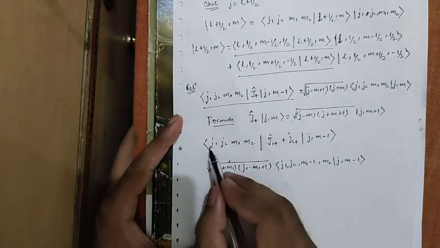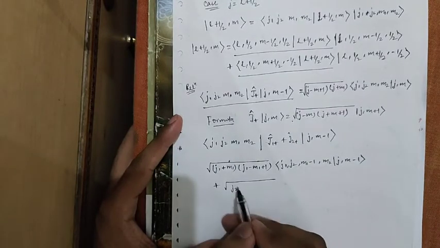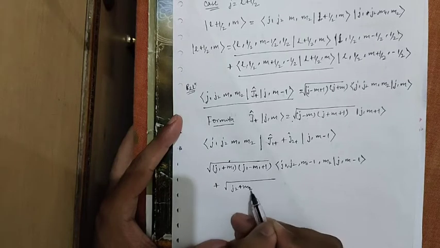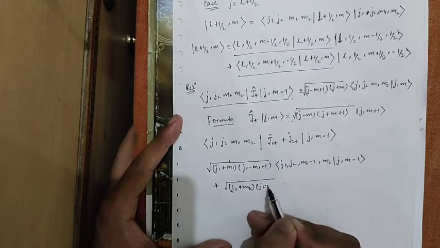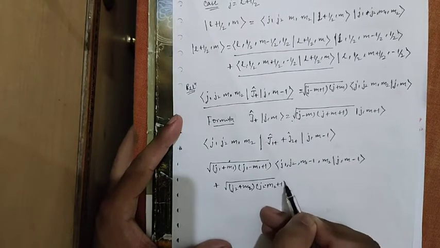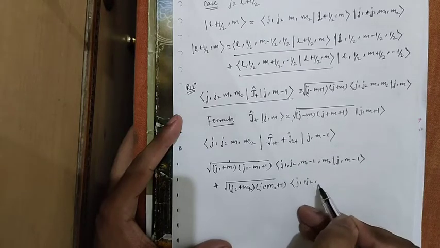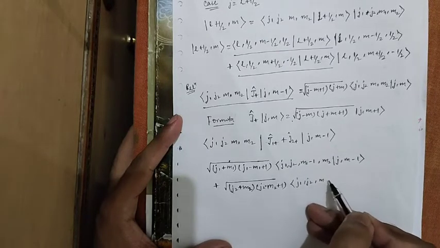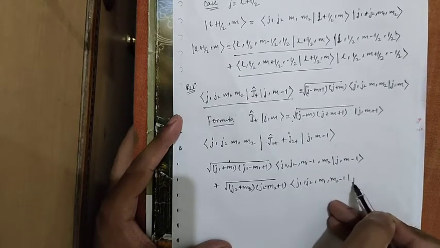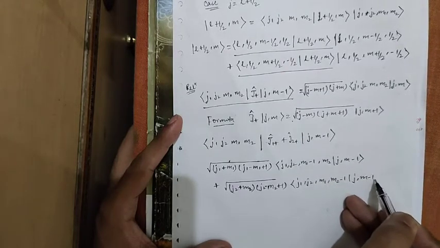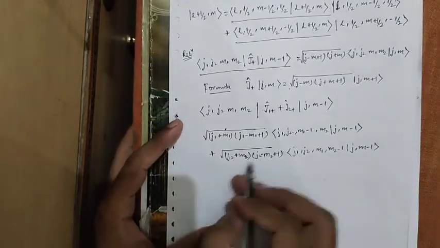And when j2 plus operates on this, it gives us the square root of j2 plus m2 times j2 minus m2 plus 1, and the value of m2 will change by 1.